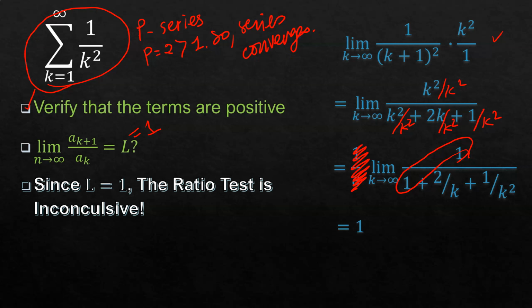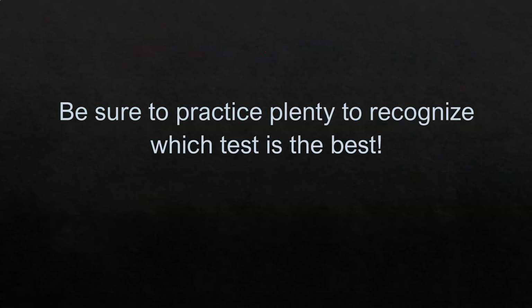But as far as trying to use the ratio test, it doesn't work because L is equal to 1. Now, that doesn't mean that the series diverges. It just means we cannot tell. All right, so be careful of that. All right, so that should be plenty of tests for you to practice, and make sure you choose the most efficient test.